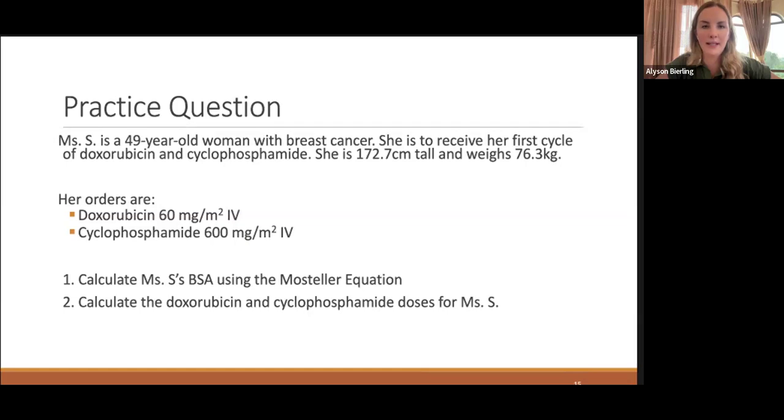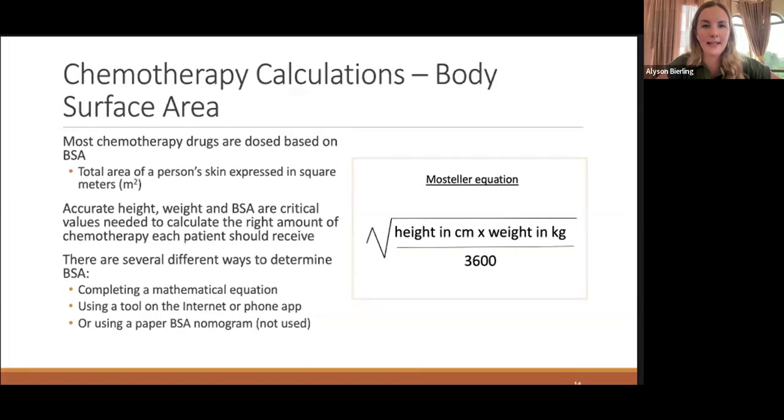All right, so hopefully you all have the height and the weight written down. Let me just move back to the previous slide.